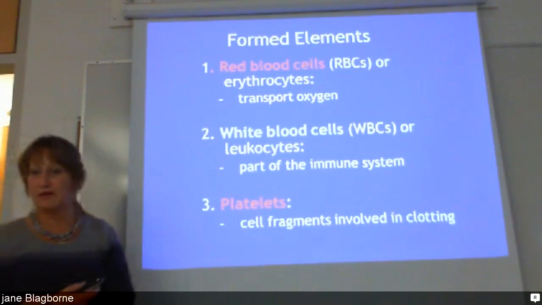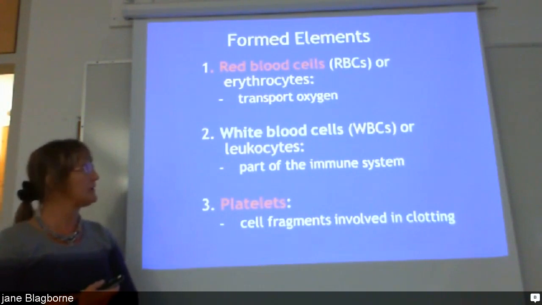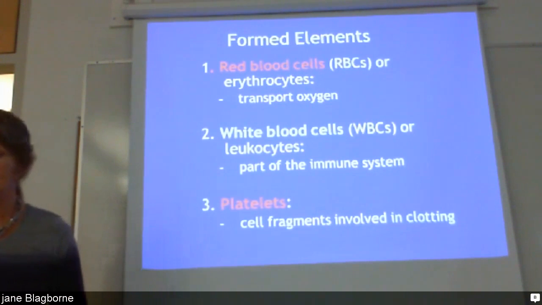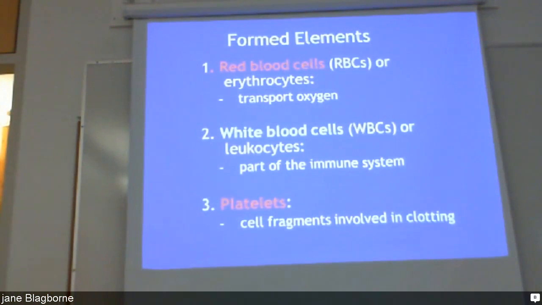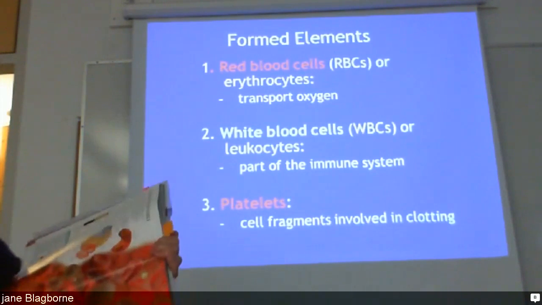Now I have a photograph here in one of my textbooks that I'm going to hold up, and hopefully the people at home are going to be able to see it as well, because it just gives you a good picture of what all these cells look like, magnified. And I'll hand it around to the class in a second too.